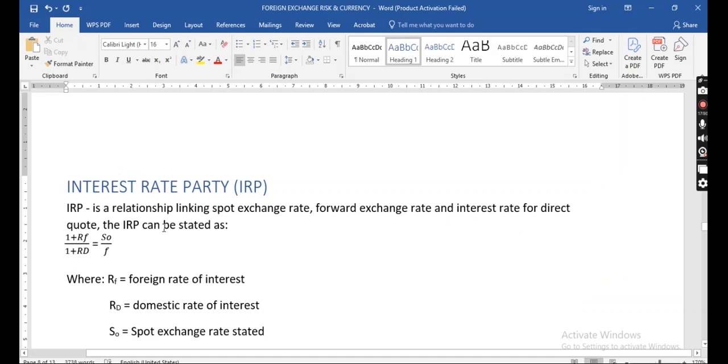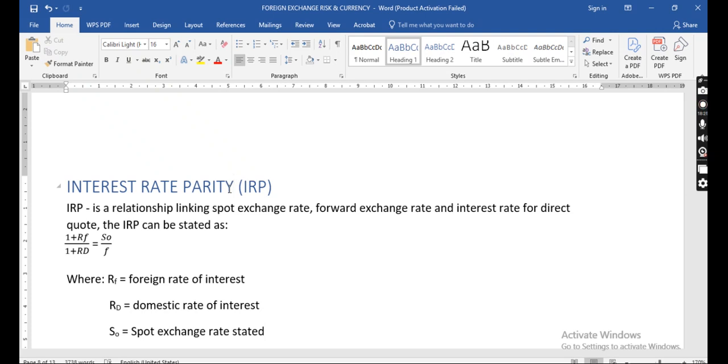So what is the interest rate parity? It says that the spot rate needs to be adjusted for the forward rate so that it includes the interest rates of both countries' currencies.